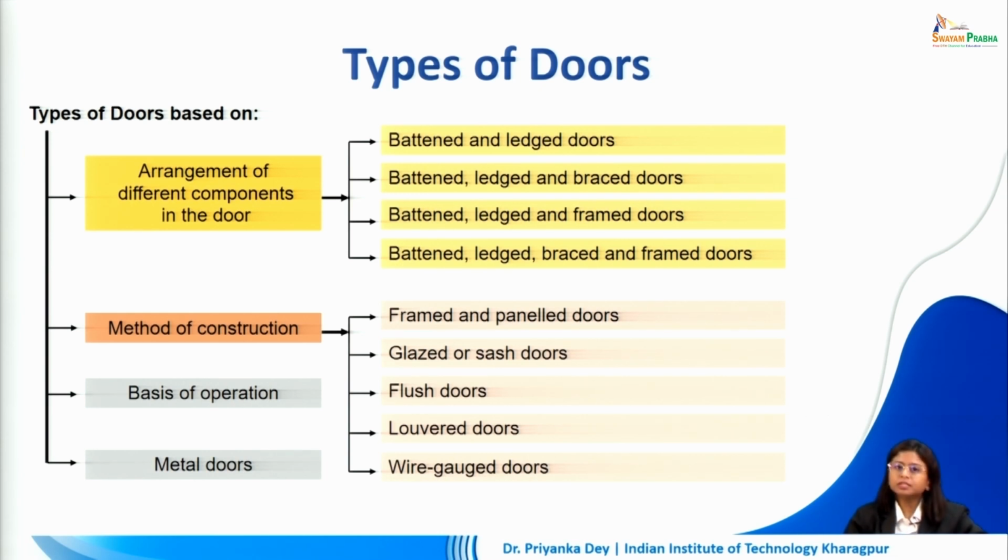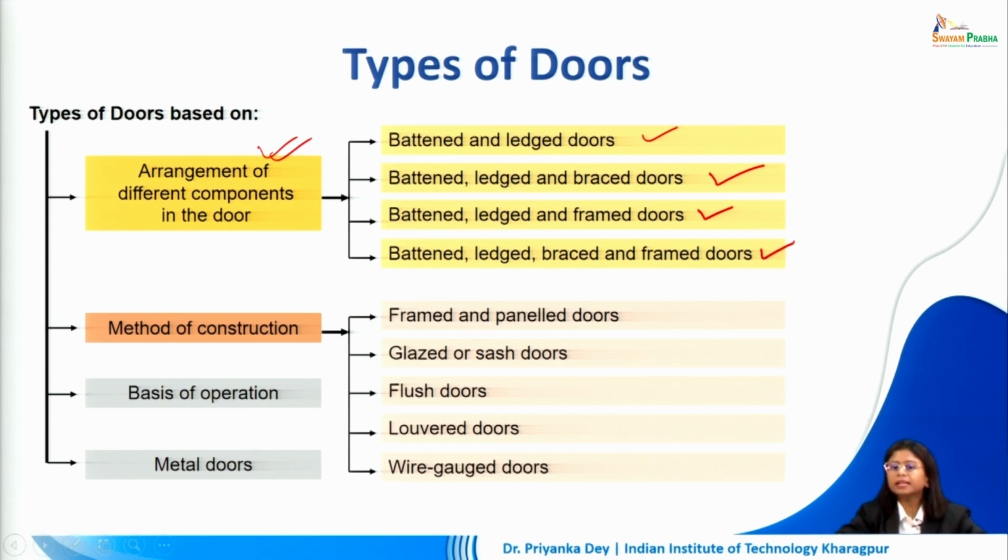So if we are determining the classification of doors based on arrangement of different components in the door, they can be predominantly classified as battened and ledged doors, battened, ledged and braced doors, battened, ledged and framed doors, and finally a combination of all of the above, that is battened, ledged, braced and framed doors.